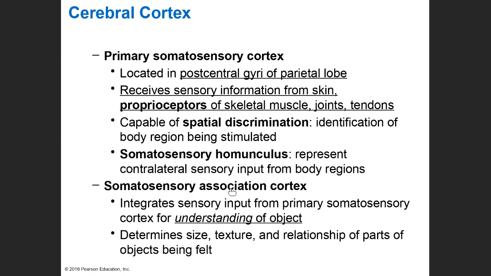It's integrating all sorts of input into a finalized product of understanding. So here, it's no different from any other association area. With sensation, the somatosensory association area is going to allow you to put all that sensory input together and form one final understanding of a sensation.